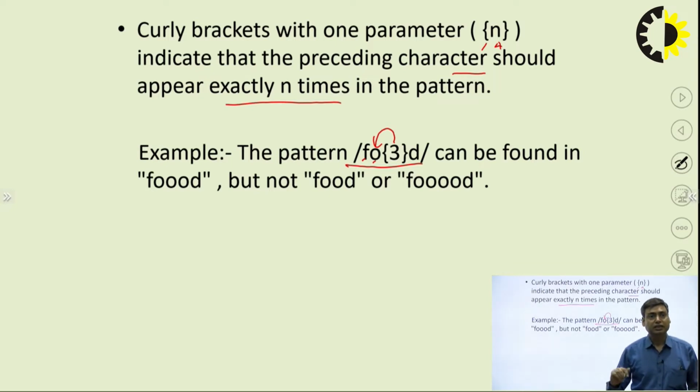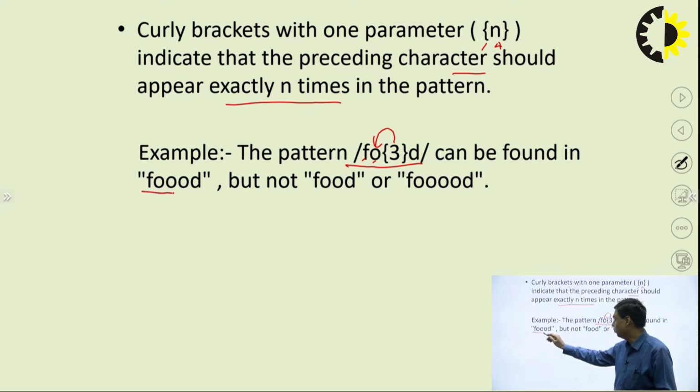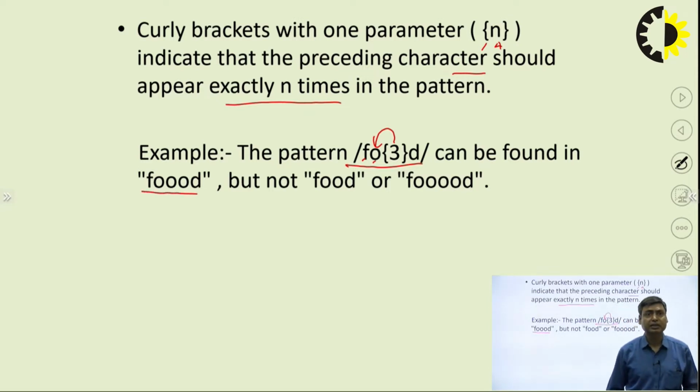If it is less than 3, then the string is invalid. If it is more than 3, then again the string is invalid. So you can see it can be found in the string FOOOD because it has exactly 3 O's. But it is not present in FOOD. Why? Because the number of O is less than 3.